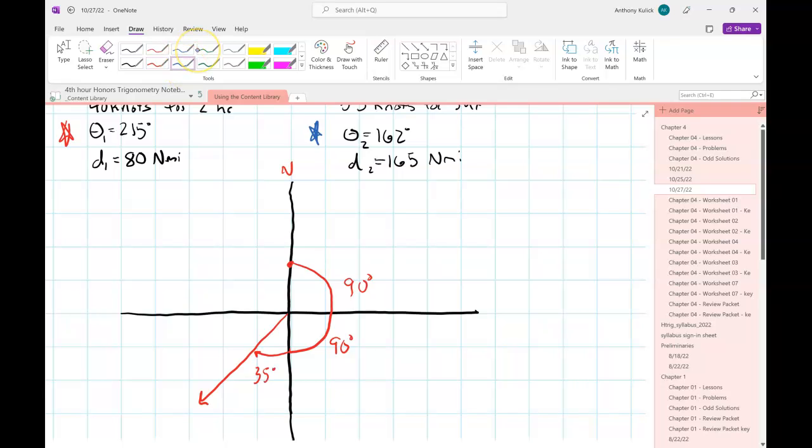So what is my standard position angle going to be? 90, 90, and then 55. So 235. Everybody good with that? And let's say that this length here is 80 nautical miles.